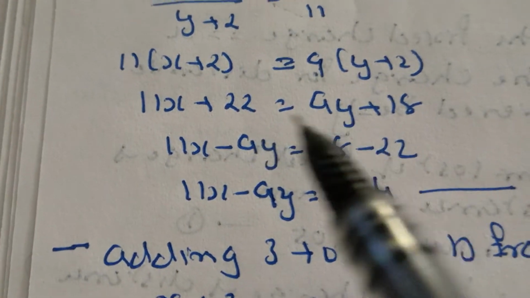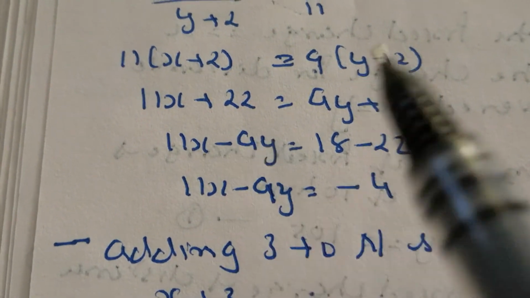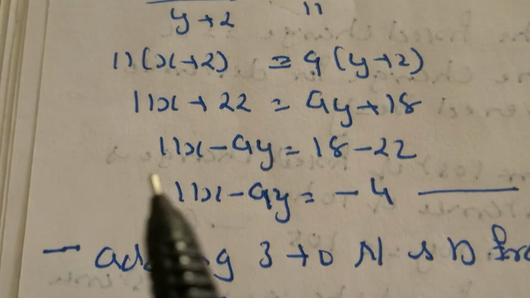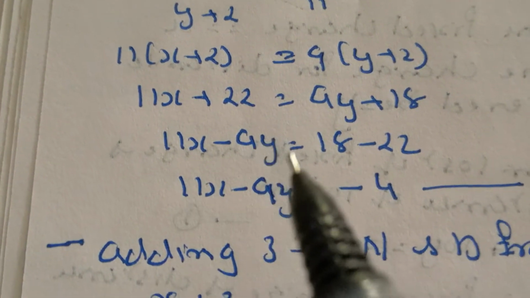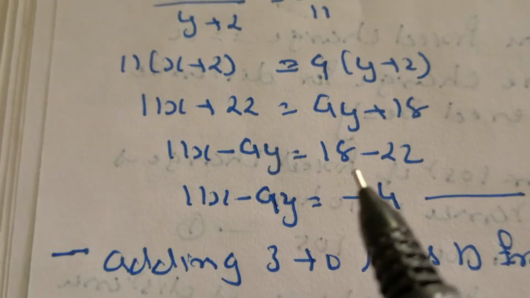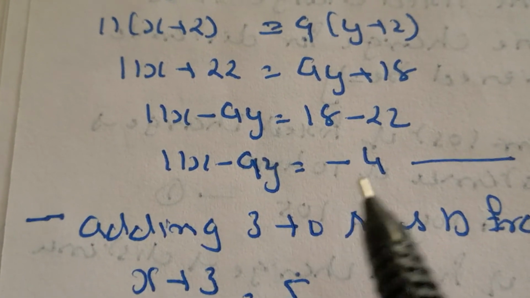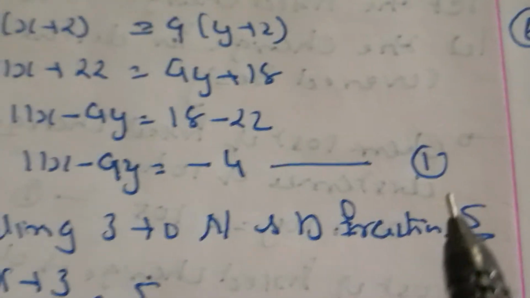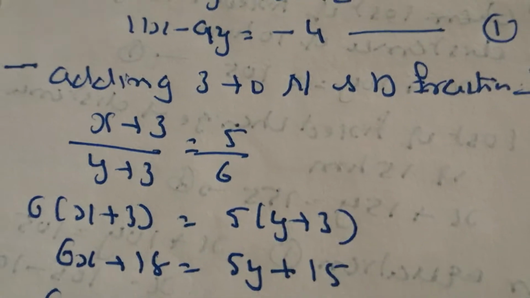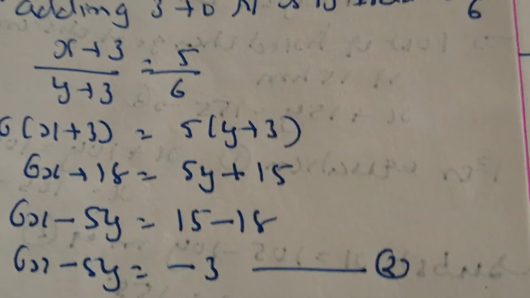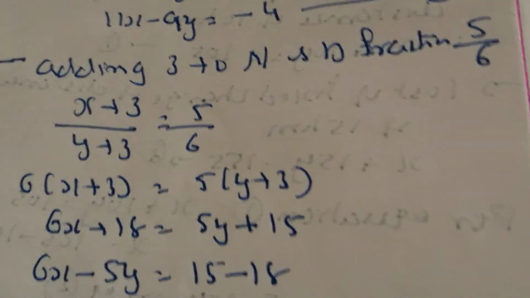So taking 9y on the left hand side and 22 on the right hand side, I am going to get 11x minus 9y is equal to 18 minus 22. So 11x minus 9y is equal to minus 4. That is my equation 1. In the same way, adding 3 to the numerator and denominator, the fraction becomes 5 upon 6.